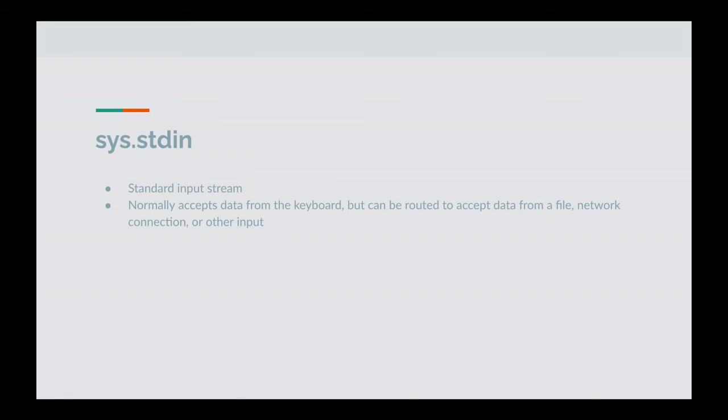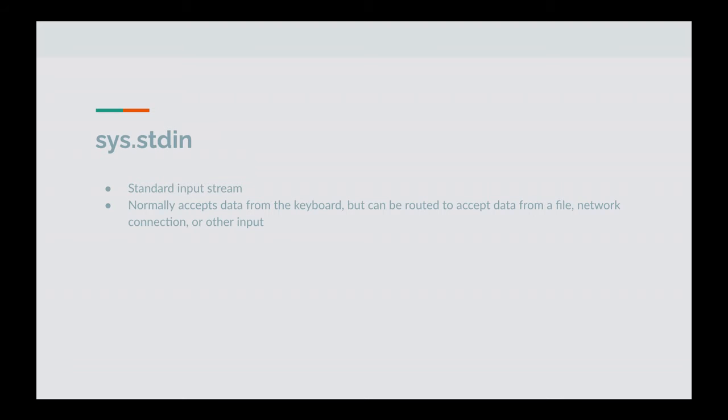So when you are reading from a file, reading data from a network connection, or reading data from another program, it's treated as a file, and it just streams that data to whatever is interacting with it.